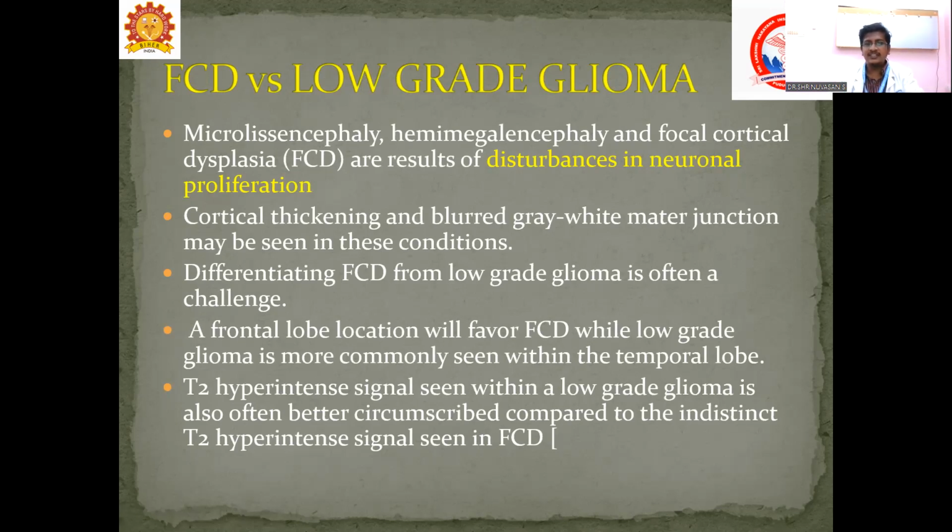So how to differentiate FCD from low-grade glioma? It is often a challenge because you have to identify the location. The frontal lobe location mostly favors focal cortical dysplasia, while low-grade glioma is most commonly seen within the temporal lobe.